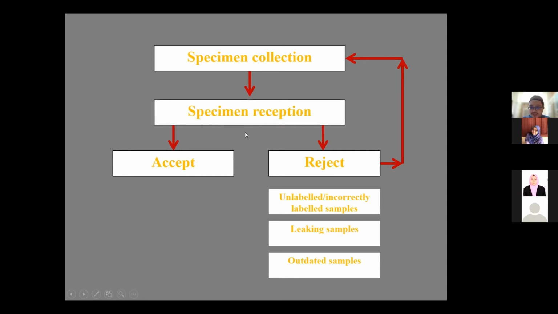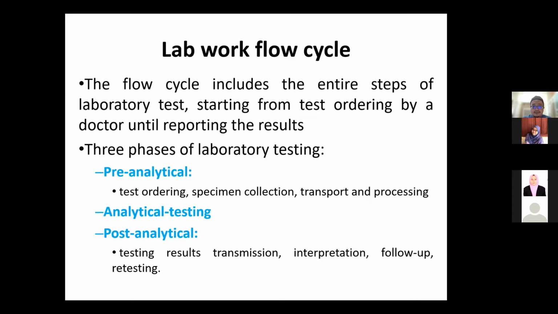You need to check the samples and decide whether to reject or to accept. Yeah, there are criteria for rejecting, and there are also procedures to then request for a new specimen to be collected. So the flow cycle includes the entire test, the entire steps, starting from ordering the test by medical personnel until reporting the results.